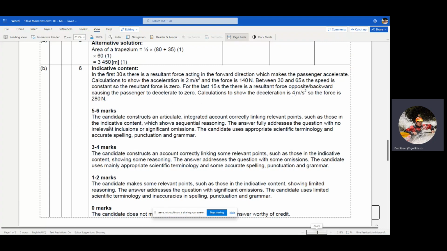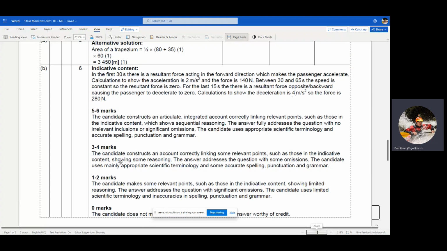In order to get the full marks, the top marks, you need to put all that together in an articulate, integrated account. In other words, it's written well and it all makes sense. And you do it in a sequential manner, and you make sure that you don't leave anything out, and that you use the right terminology and it's well written.